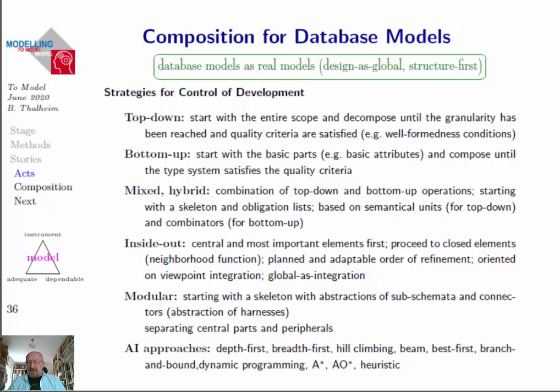for derivation of our model. The inside-out method is nothing else than developing first the most important, the central elements, and then proceeding further to closed elements, maybe based on a neighborhood function, so that we finally have the model developed with the basic and central elements first.